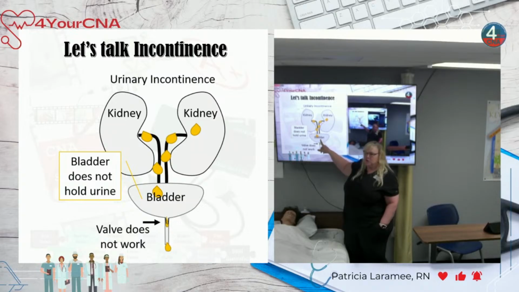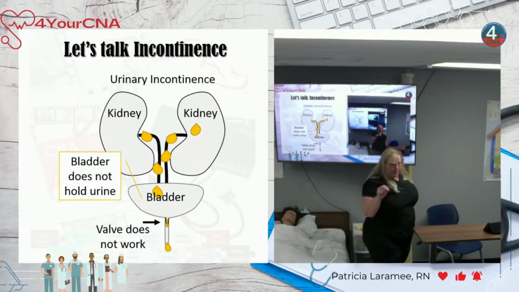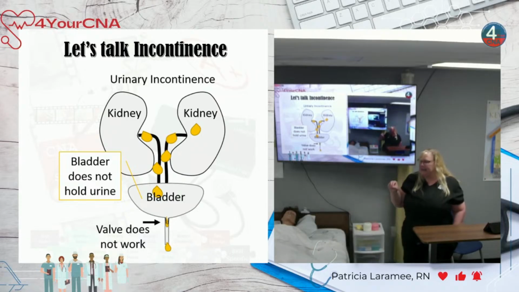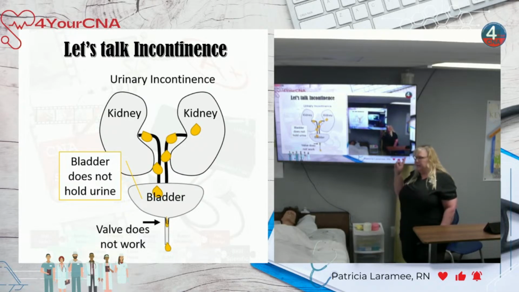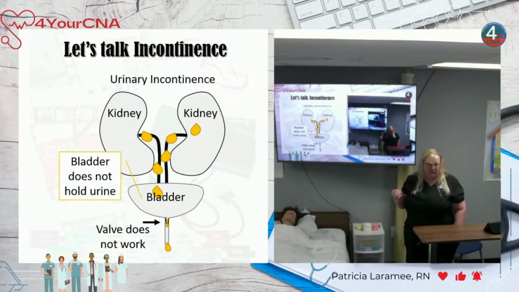So where do those urine drips go? Out. Your patient who is incontinent is going to be wet all the time. Drip, drip, drip, drip.